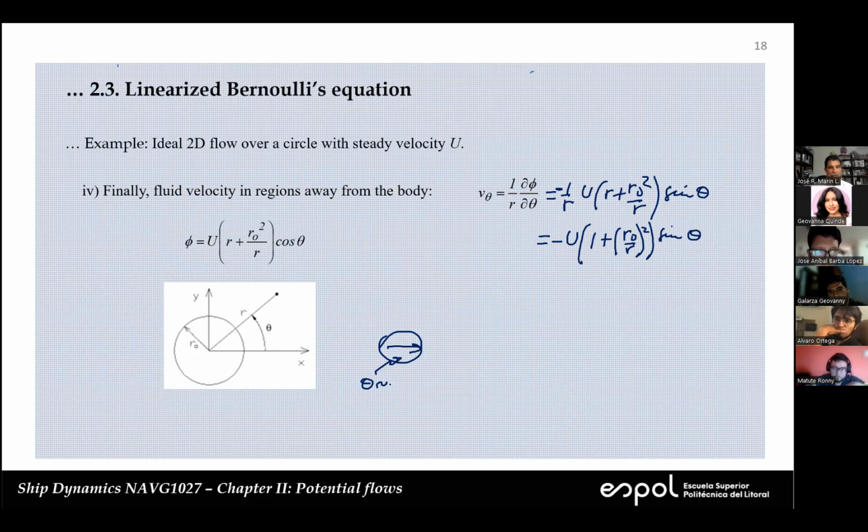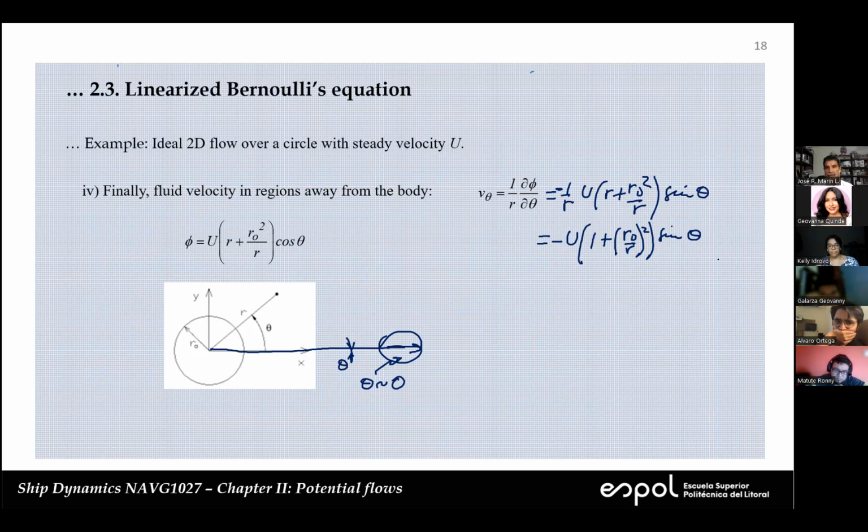What value of theta would we expect for a point in this area? It's a small value, yes, because you draw something like this, and this is going to be the theta. So it's going to be very small.